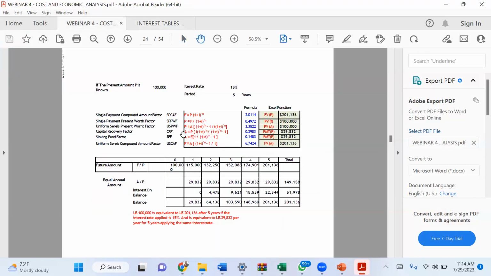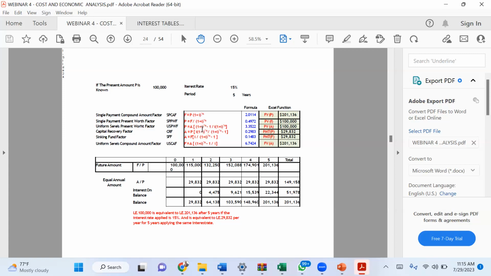So that is that. Now, if you want to rework it again, in other words, I want to save 200,000 naira in the bank.